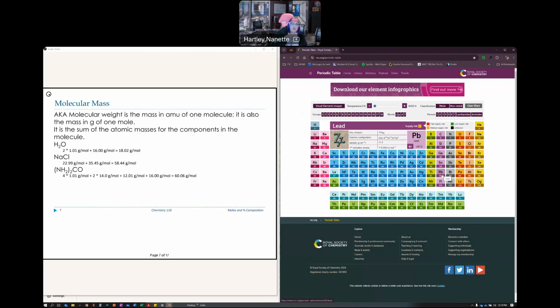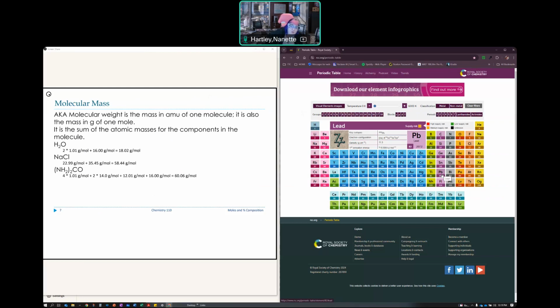Now, molecular mass, aka molecular weight. We use those terms interchangeably. Again, they are not. Weight is a mass under the force of gravity, so they are not the same thing. Now, molecular mass is the mass in AMU of one molecule. It's also the mass in grams of 1 mole.